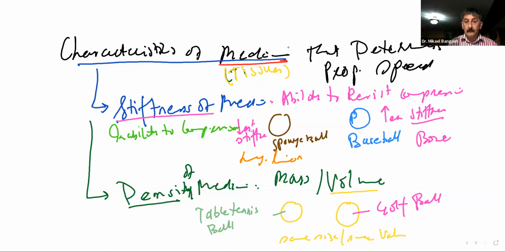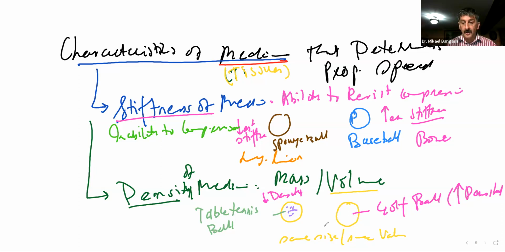But as far as the golf ball is concerned, it is going to have a greater density, versus the table tennis ball, which is going to have a lower density. Because if you cut into a table tennis ball, what is it that you're going to find? Well, it's filled up by nothing, it's just air.